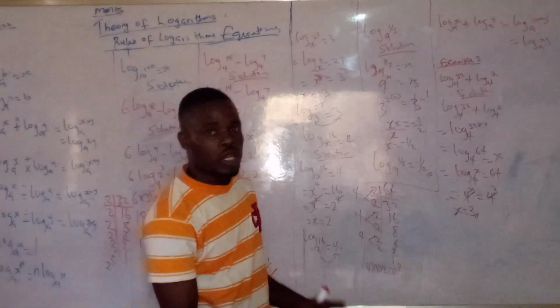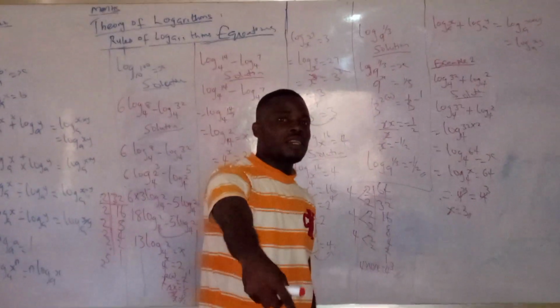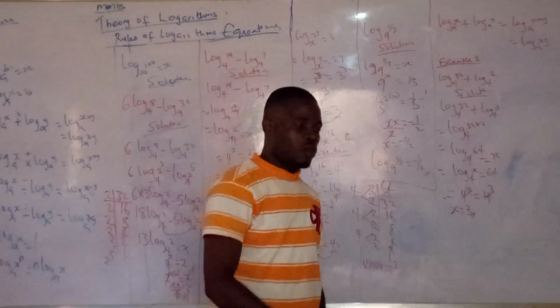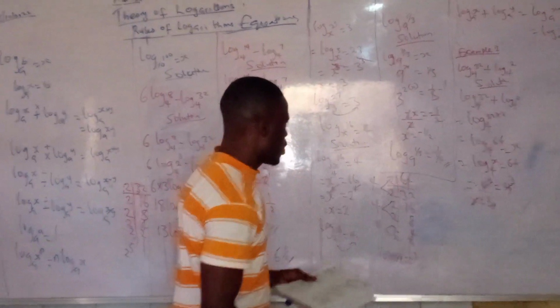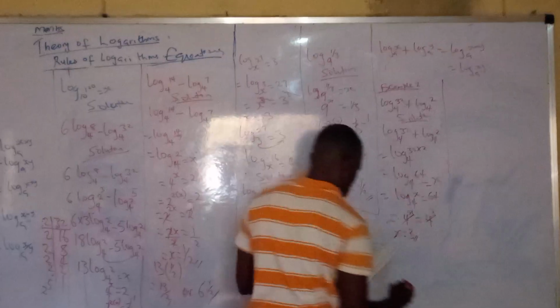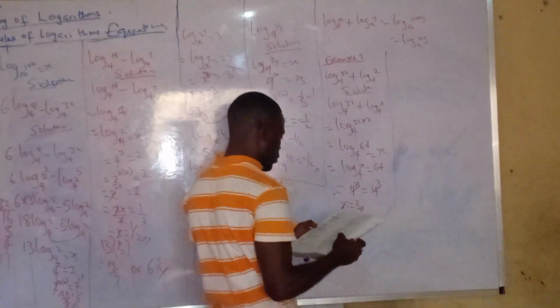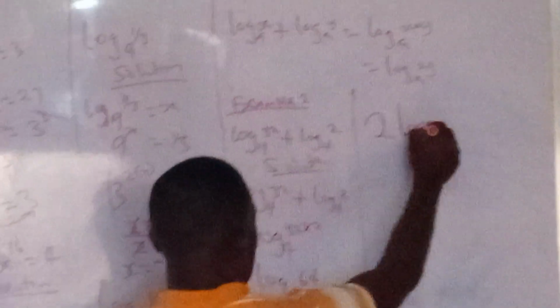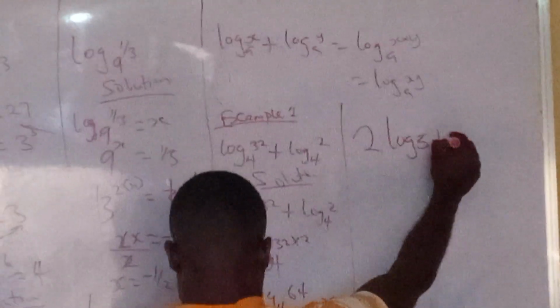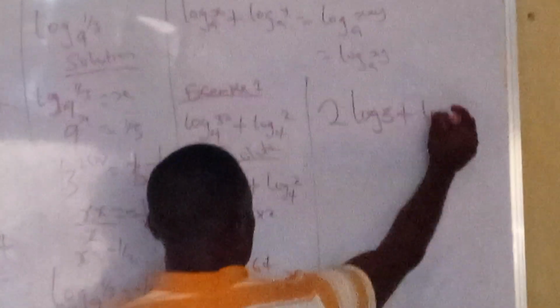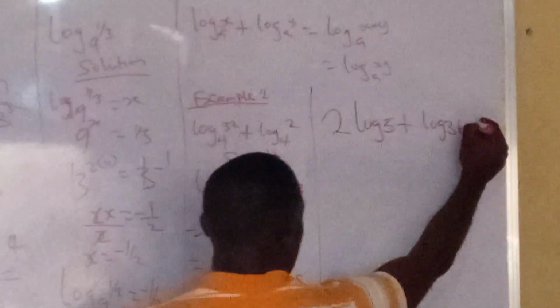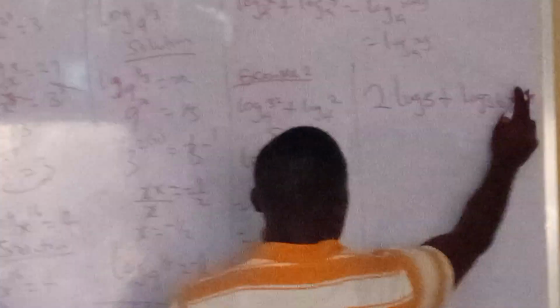I'm going to drop a question here. In our next class, in the next video I'm going to upload, I will give you the correction on that. So come to this part and look at the correction, the classwork for today. If we are given 2 log 5 plus log 36 minus log 9.